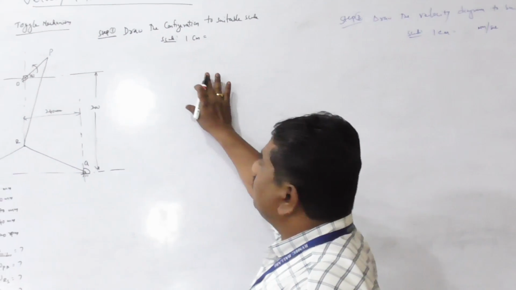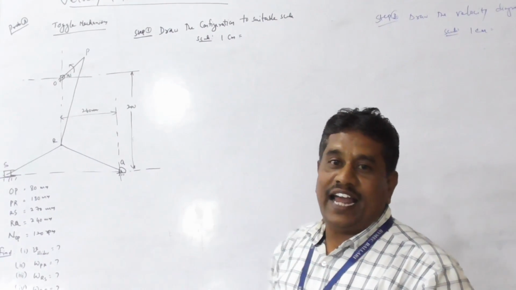Now, how to construct the configuration diagram for a given toggle mechanism?